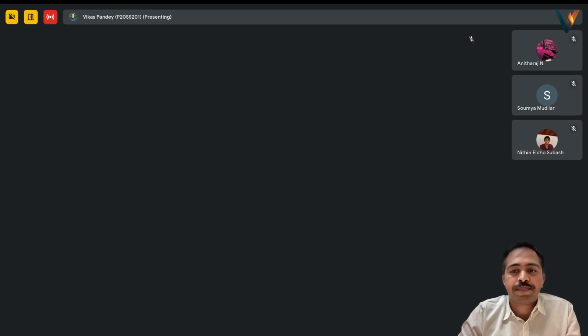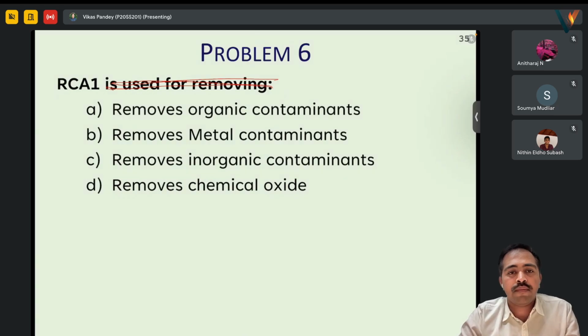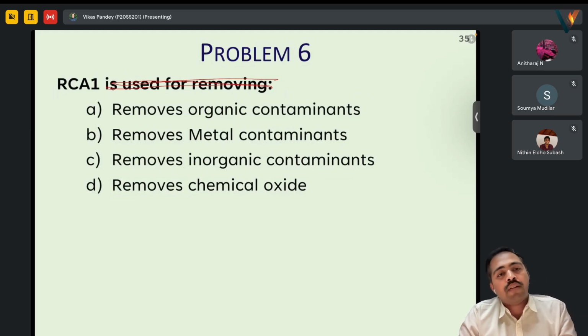It also removes organic contaminants but which were not removed by the piranha. Fine.